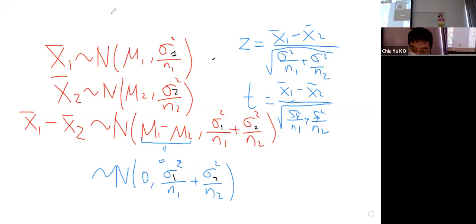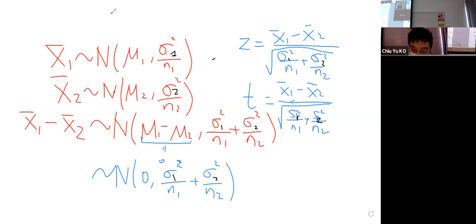And if you know sigma 1 and sigma 2, you can also do the Z test. That's no problem. That is very simple. If I told you what sigma 1 and sigma 2 are, you can do the same. Now the question is how to do the T test, right? Because you replace sigma 1 and sigma 2 by S1 and S2. That's it. Because they are different, you cannot come up with a better estimate, and that's it.